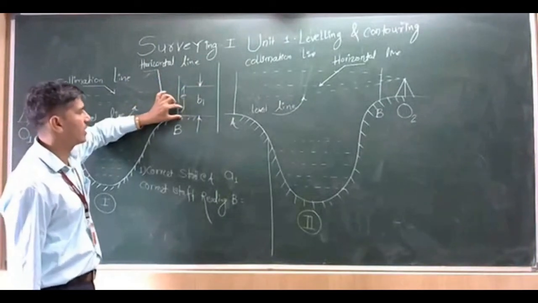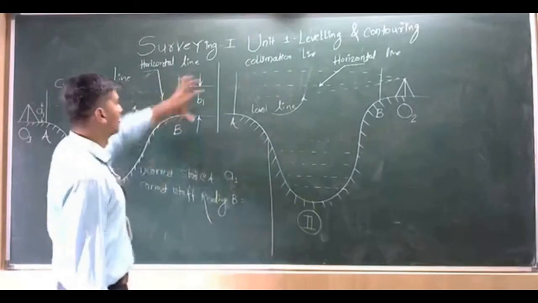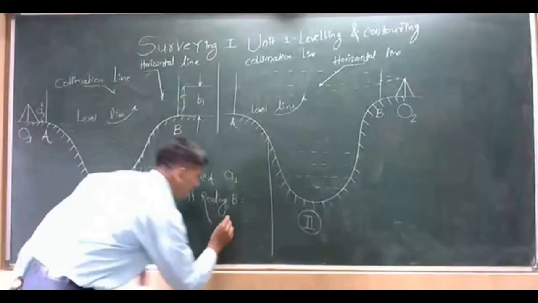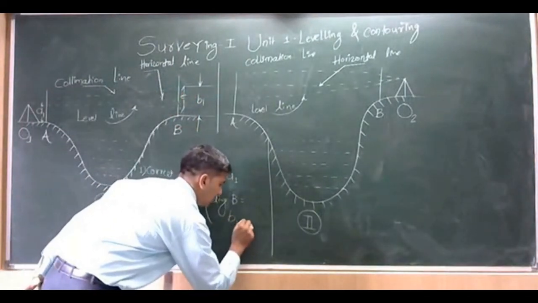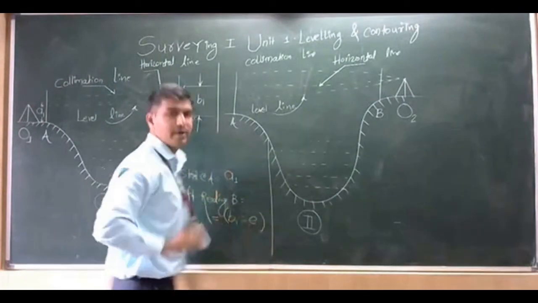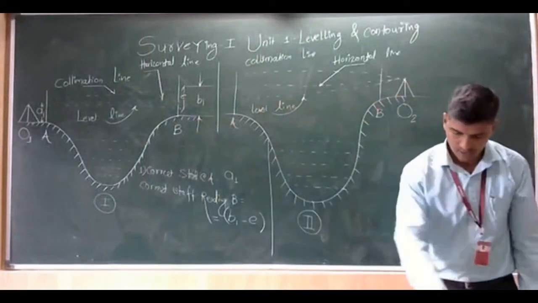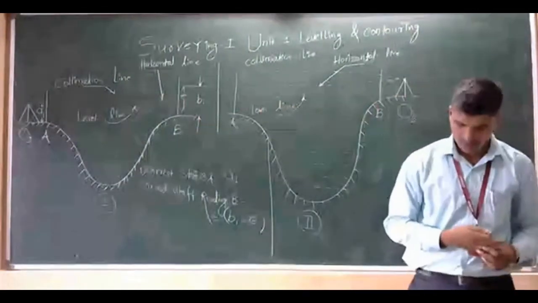So the required reading is this much only. The correct staff reading will be B1 minus E, where E is the error.